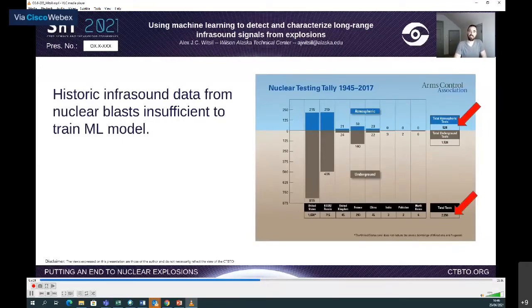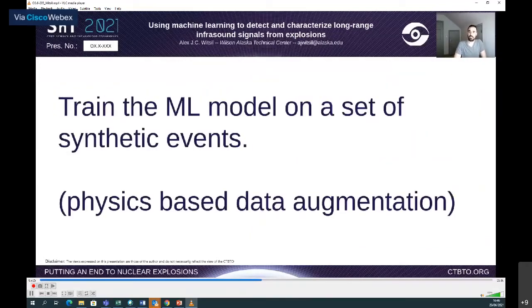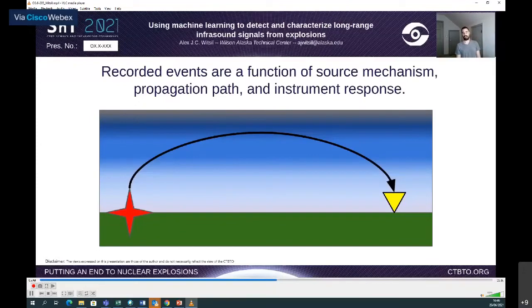So what we decided to do was to generate our own data and use physical models to create our own catalog of synthetic events. In the machine learning community, you might call this physics-based data augmentation, where we are creating new data from physical models. To do this, we really need two things.